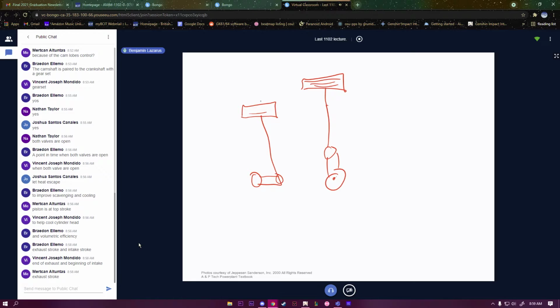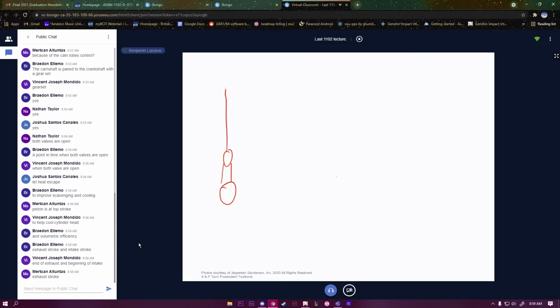Let's erase and do this the other way around. Let's start with the piston at top dead center.